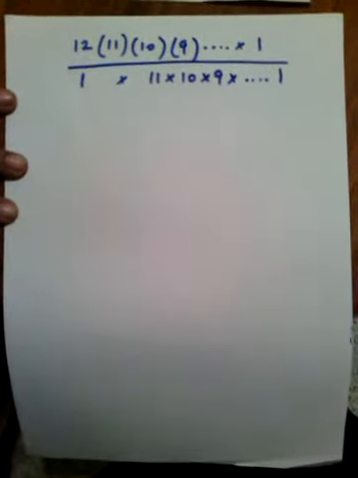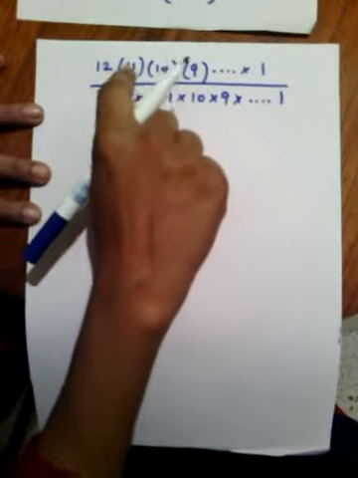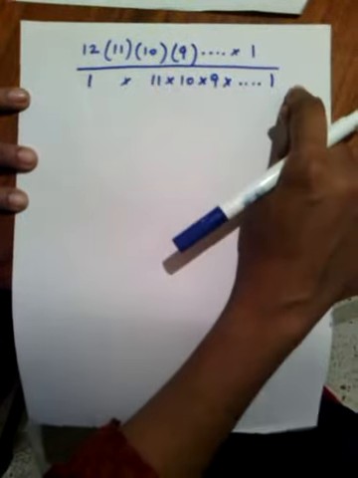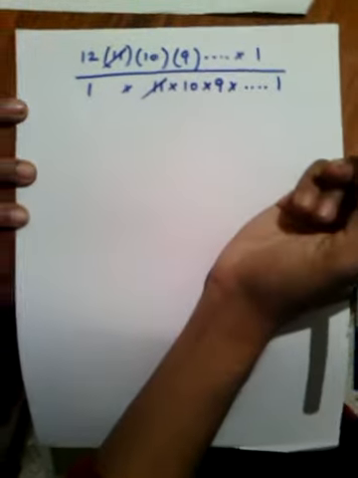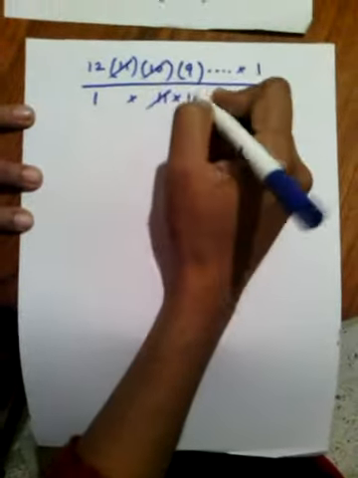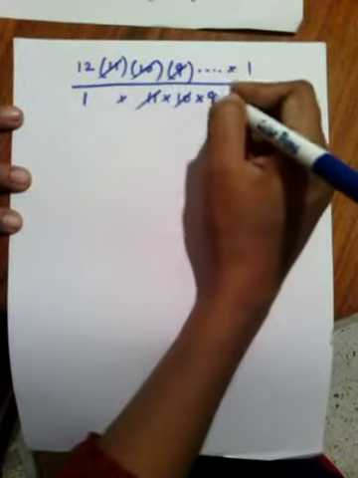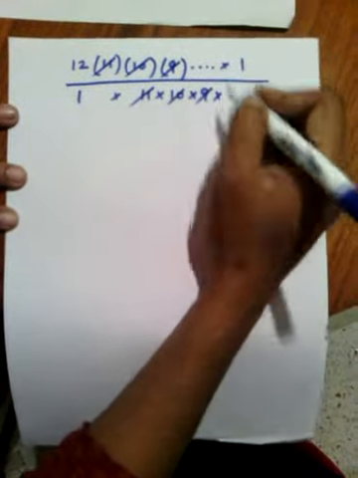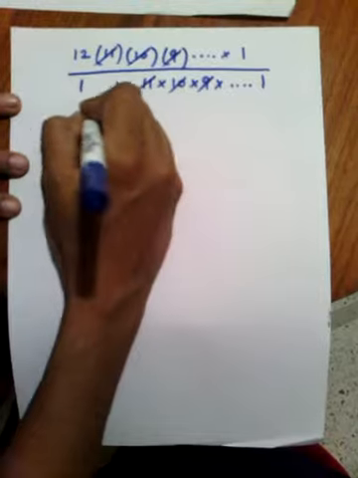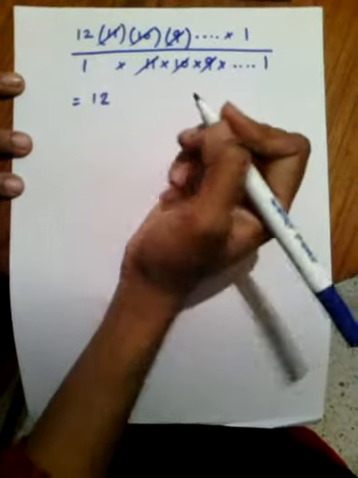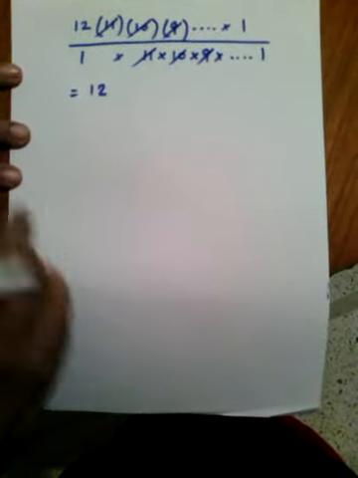But there's something to notice, that many of the terms in the numerator would cancel with the denominator. For instance, 11 cancels to become 1, 10 cancels to become 1, 9 cancels to become 1, and all the other terms in between. So what we're left with is 12. That's the first term of the summation series that we had above.